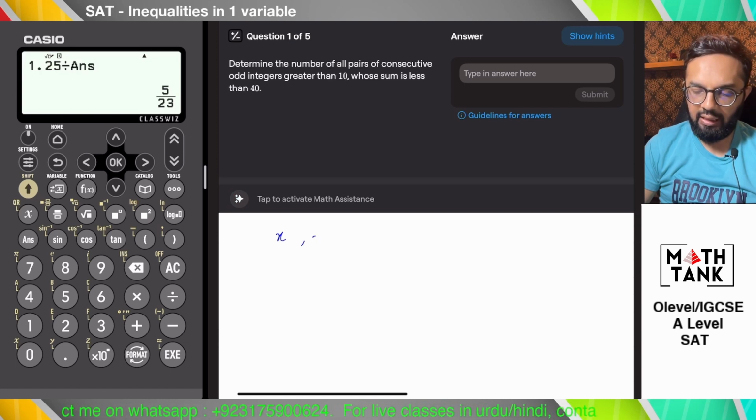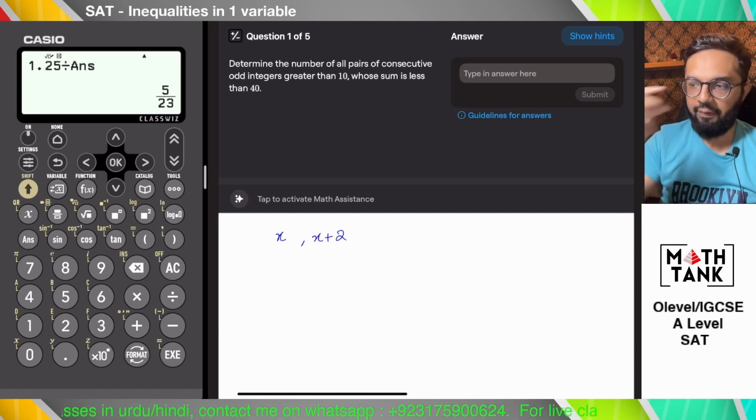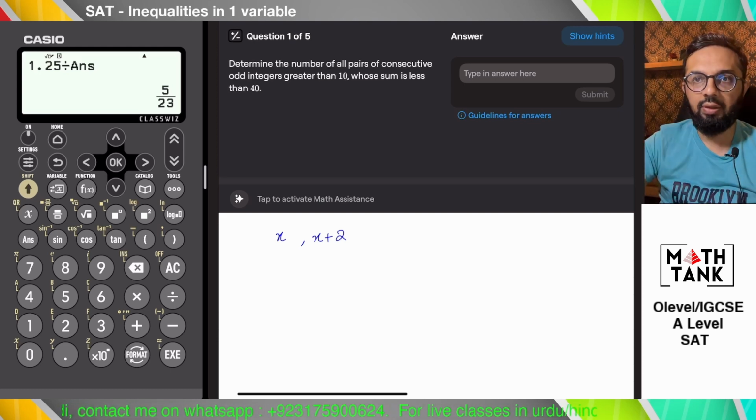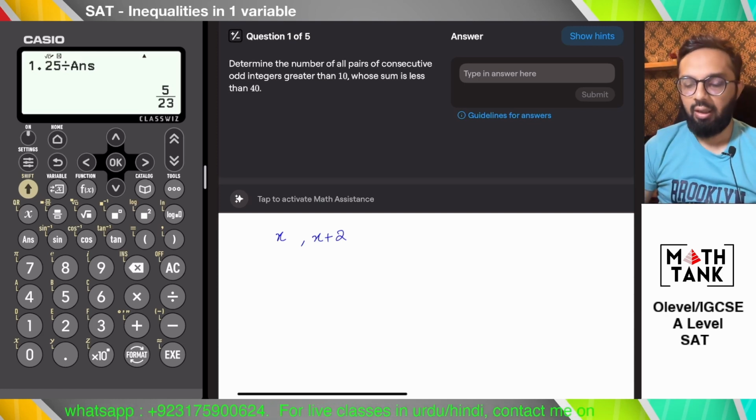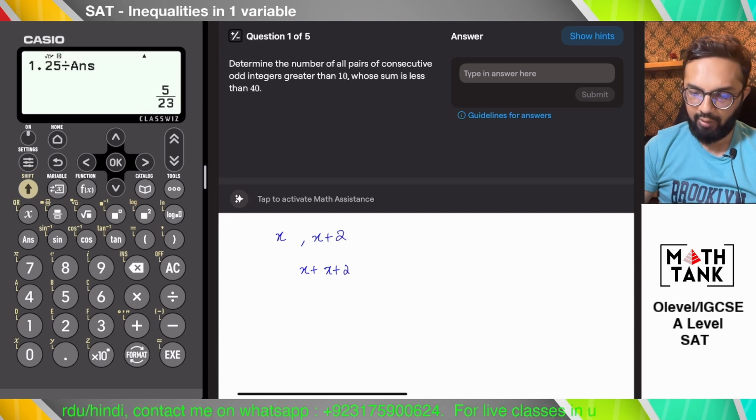If the first one is x, then the other has to be x plus 2. All odd integers are 2 apart. There's a difference of 2 in the odd integers. So remember that. Whose sum is less than 40.